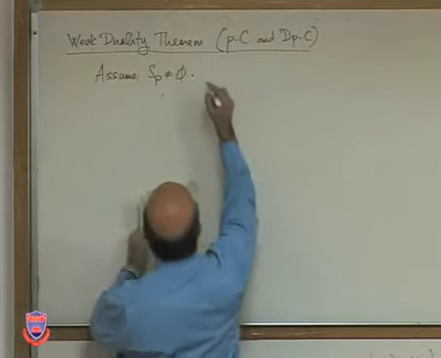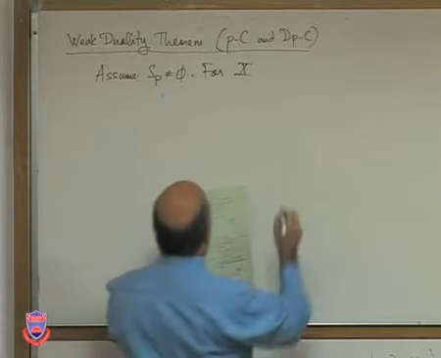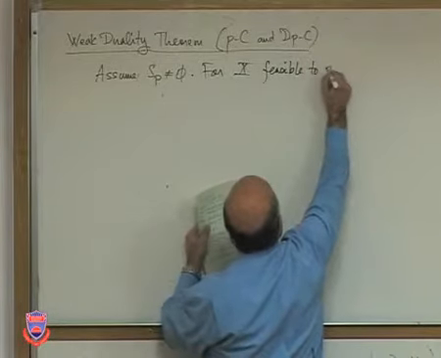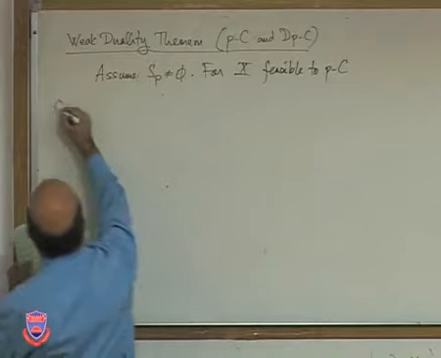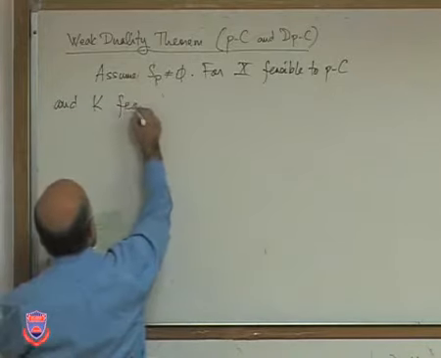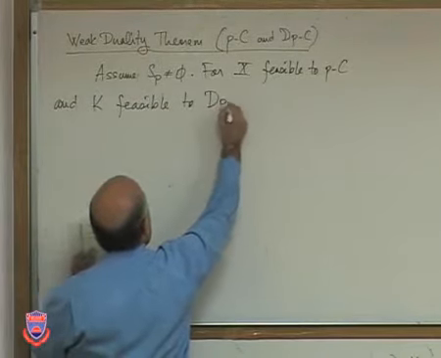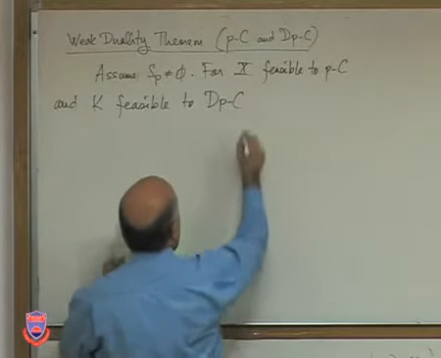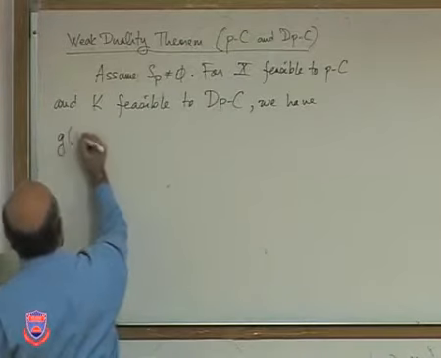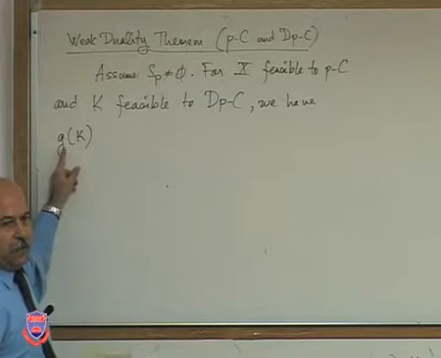So under this assumption, if X is feasible to the P-center problem, and set K is feasible to the dual of the P-center problem, we have the following. In the dual problem you're trying to maximize the G of K value.